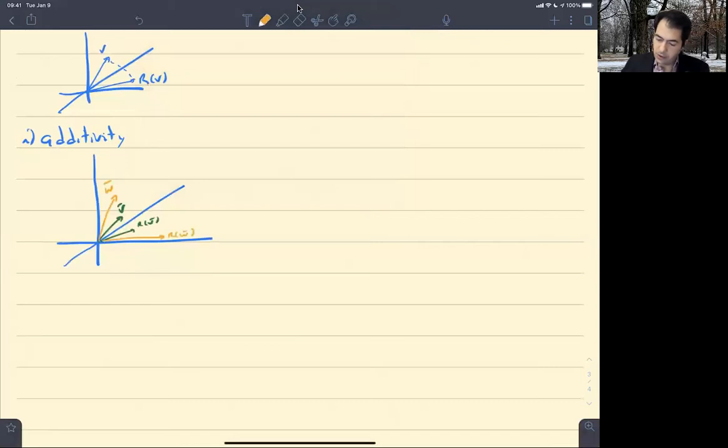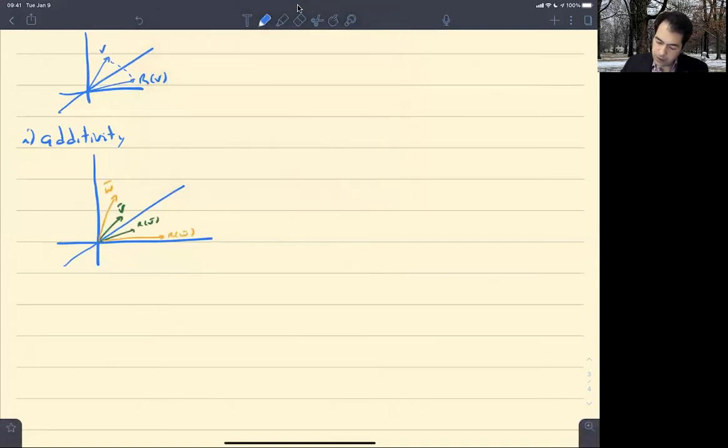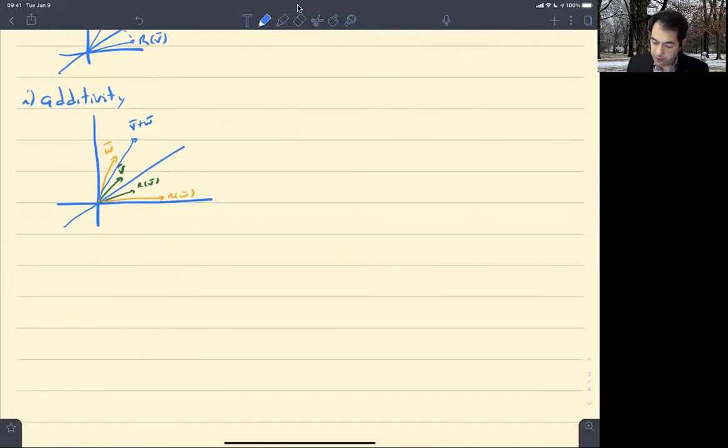So then if I do v plus w, that's going to be like doing this vector w over here. So it's going to look like that. This is v plus w. And then if I do R of v plus R of w, that would give me a vector that looks like that.